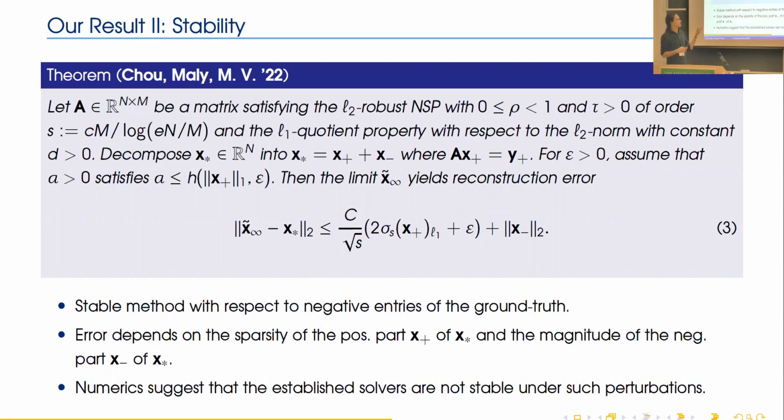What we are proving here is that if you run gradient descent with this overparametrized regime, our solution we can still bound, and the right-hand side only depends on the sparsity of the positive part of my ground truth and the two norm of the negative part.